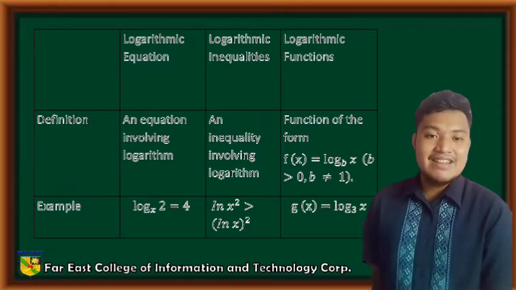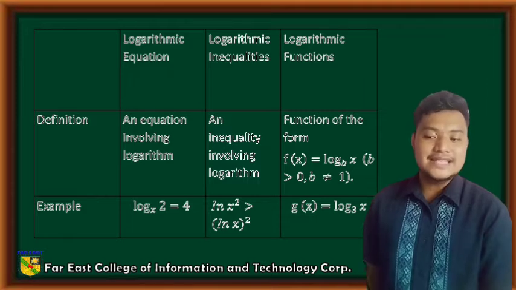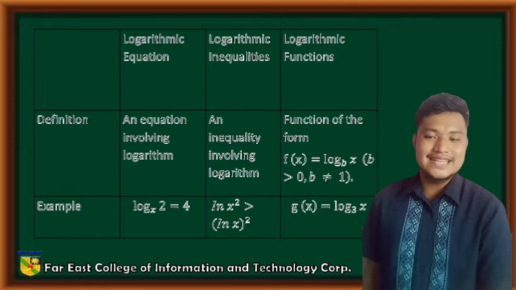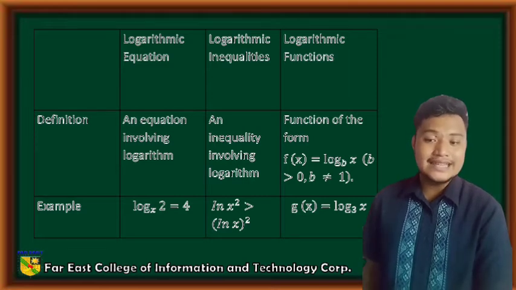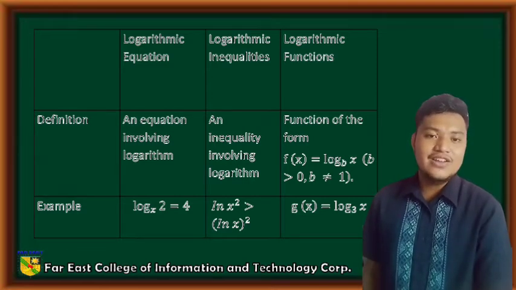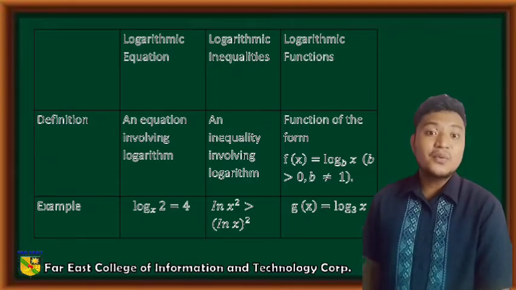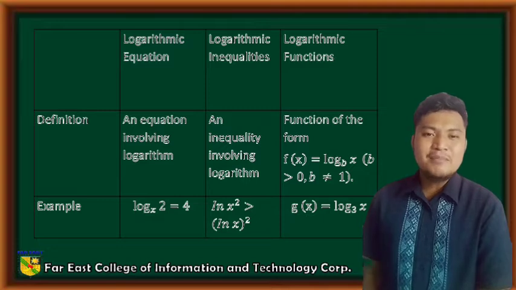Next is the logarithmic inequalities. When you say logarithmic inequalities, an inequality involving a logarithm. So, for example, ln x to the second is more than ln x squared. So, paano ba natin malalaman if it is a logarithmic inequality?